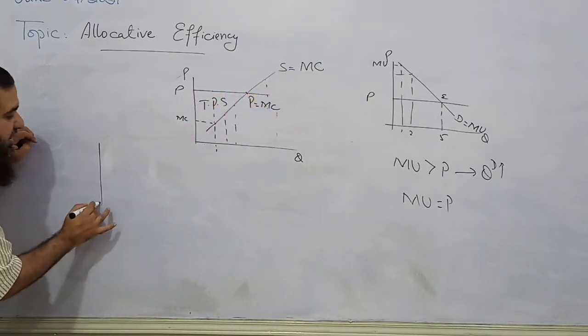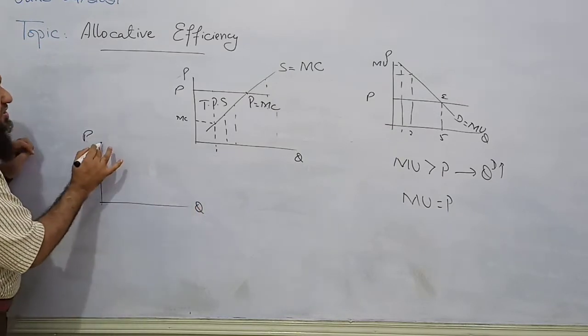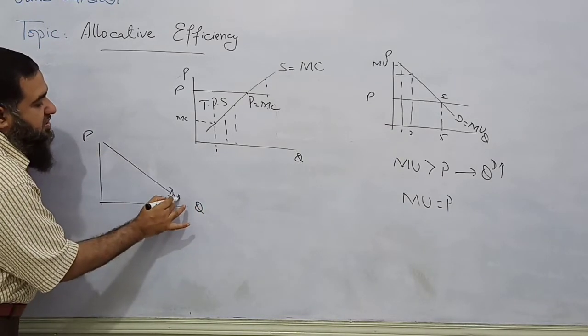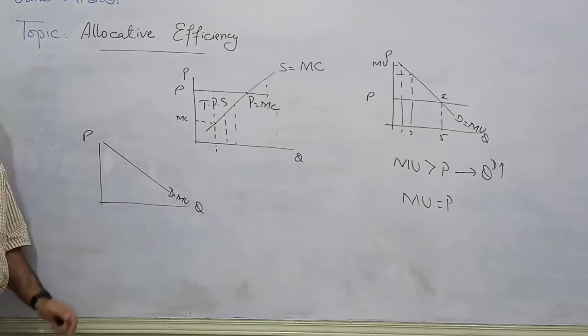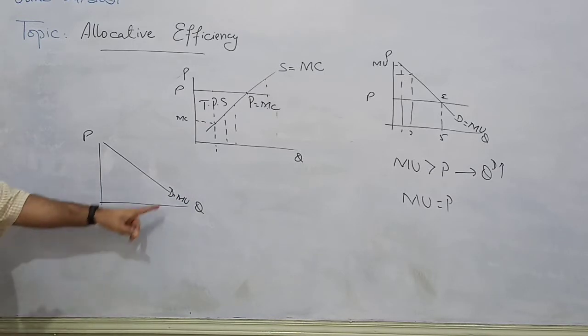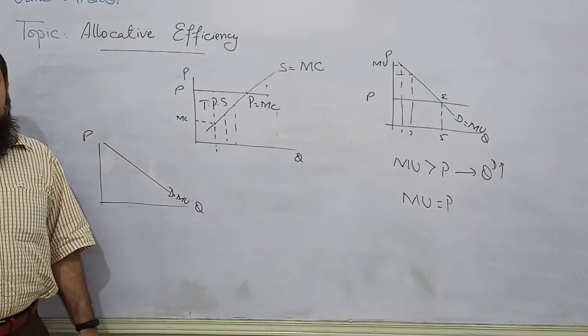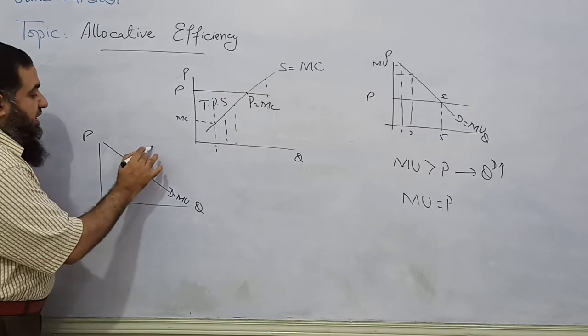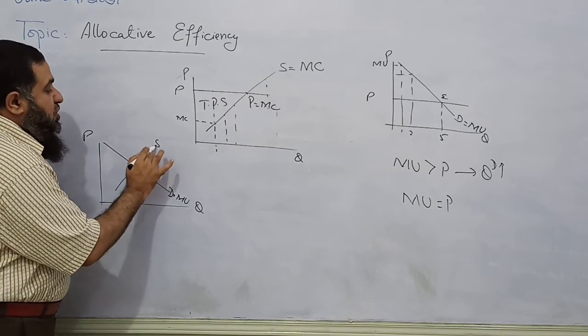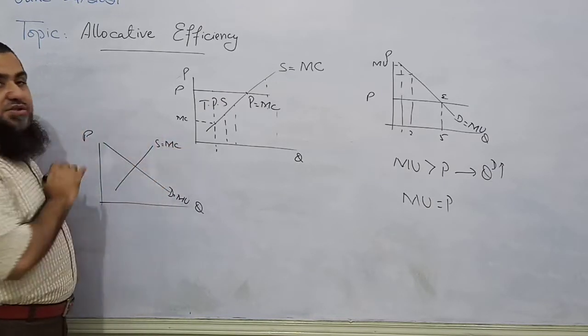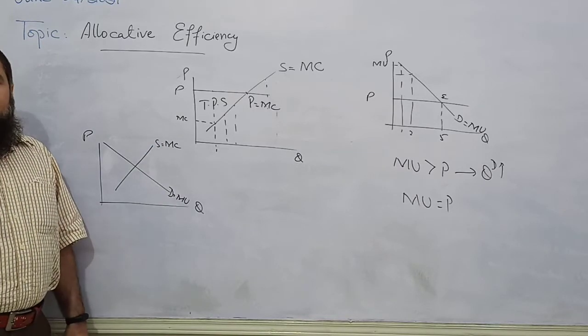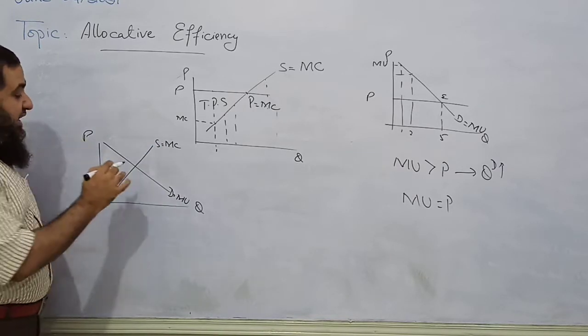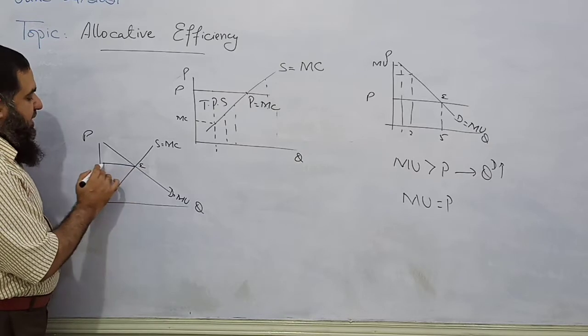If you see over here, this is the demand curve which shows us marginal utility. In some of the books it is written marginal benefit, one and the same thing. Okay, so here, supply shows what? Marginal cost.